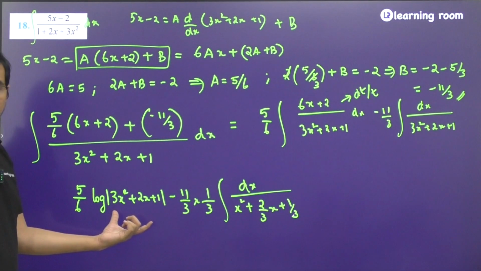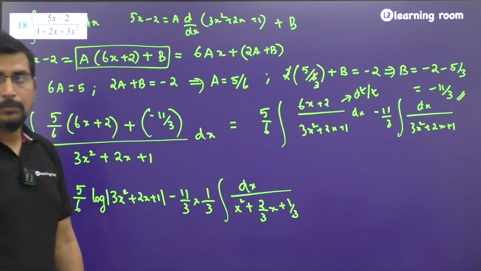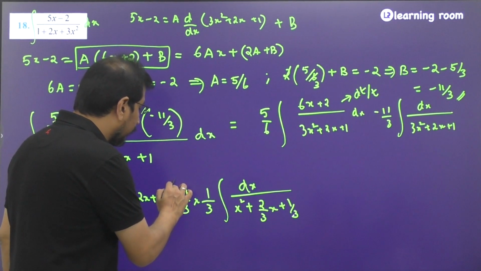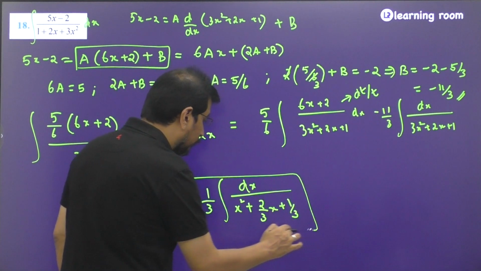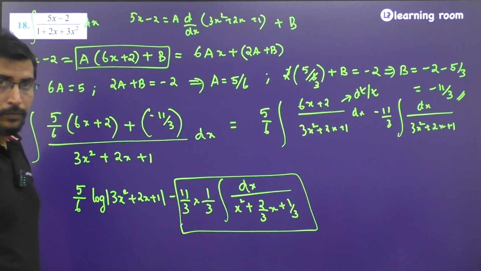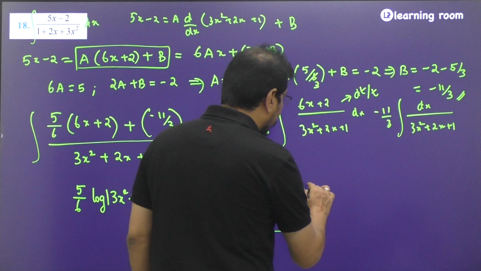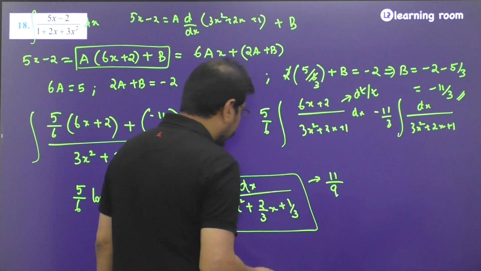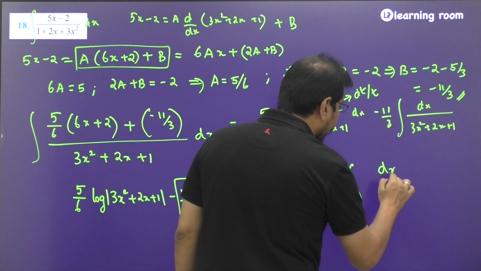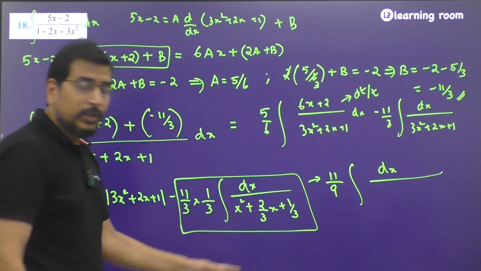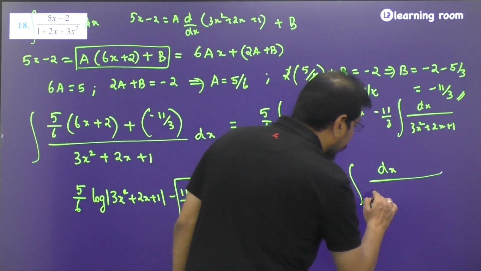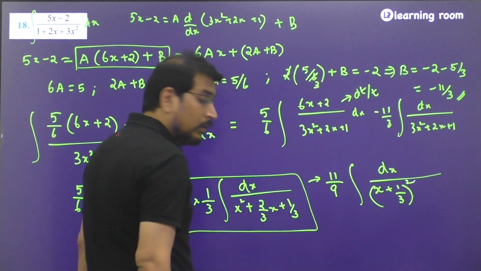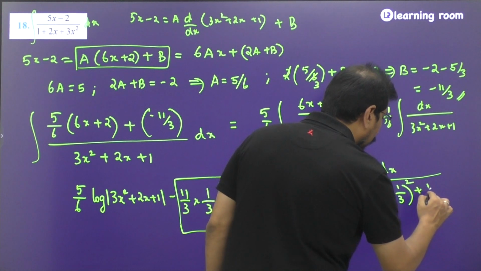Okay, here I got the answer. I'm only going to solve this part. So observe for this part, what is it going to be? It is going to be 11 by 9 times integral of dx divided by x square plus 2 by 3x, means it is going to be x plus 1 by 3 the whole square plus 1 by 3.